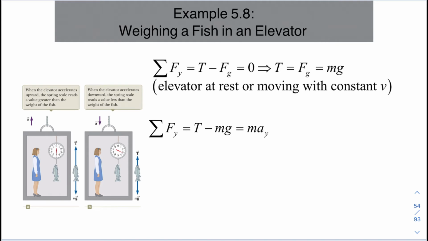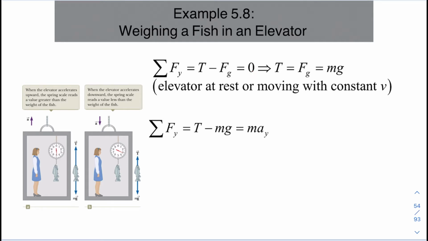So first thing first, consider the true reading, or the true weight of the fish, which means the whole system is not in motion yet. In that case, we have sum of Fy equivalent to MA, and the A is 0 because it is not in motion yet.